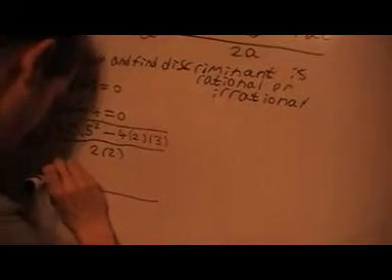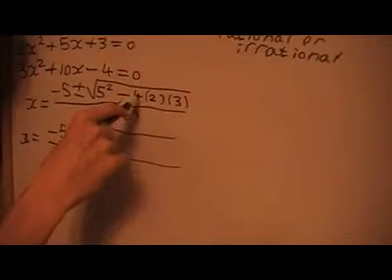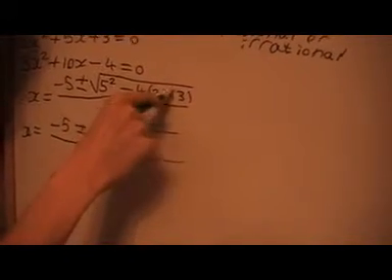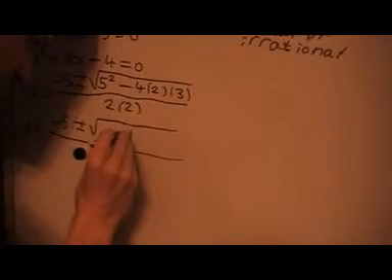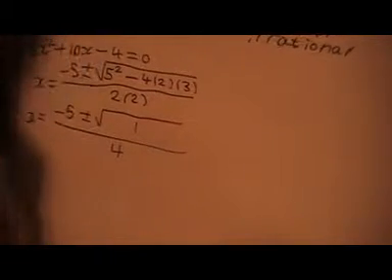Then with arithmetic we can simplify this. So I get 25 there, and then here I get 24, so it simplifies to the square root of 1 over 4, and then I get 2 solutions.